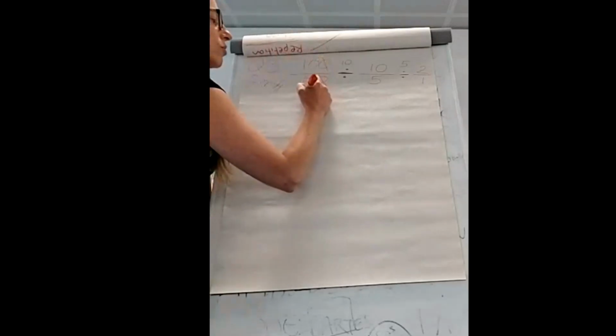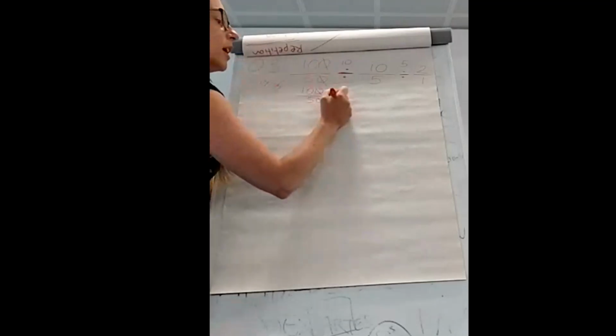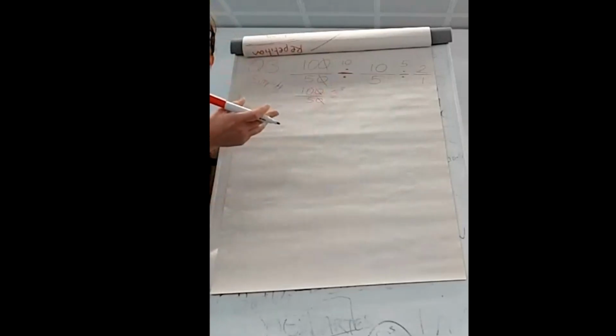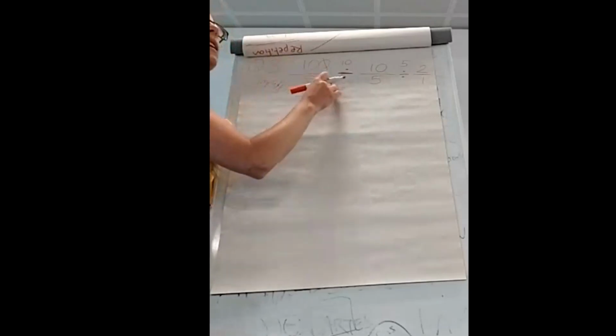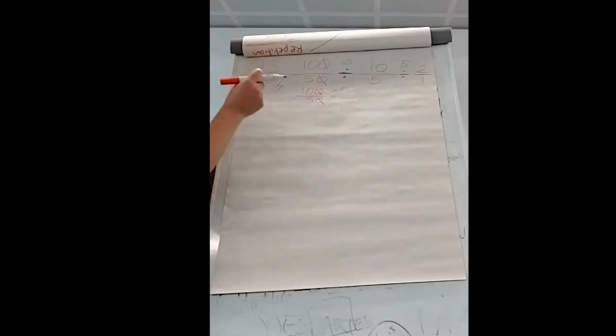You could also do 100 divided by 50 and just do that on your paper, and then I would write divided by 5 there so that the examiner can see what you've done, so you could get some working out points, because if you only cross out the zeros, it's not the whole working out.